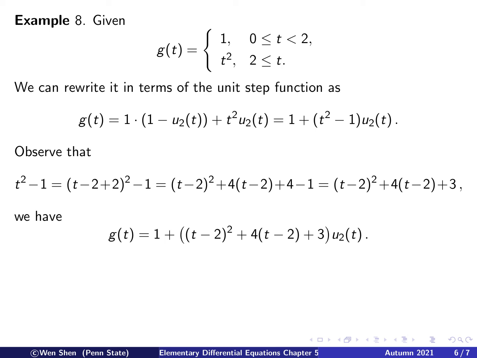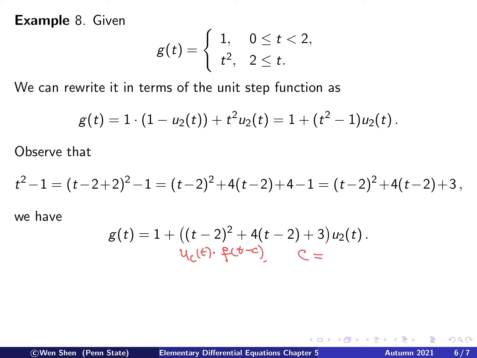So the tricky part now is that this part is a shifted function. So we need to recognize what is the shift and what is the original function. Okay, so you can think this is u_c of t times some function f of t minus c. What is the value c?